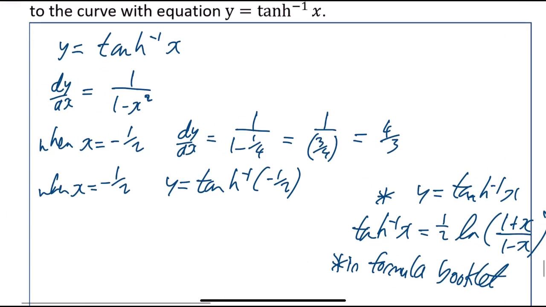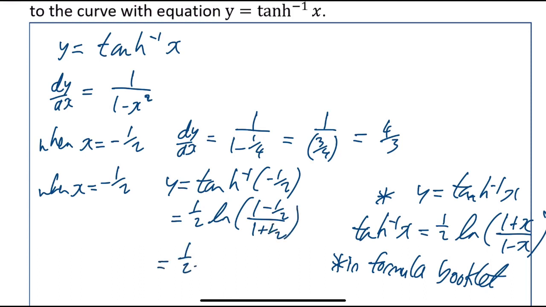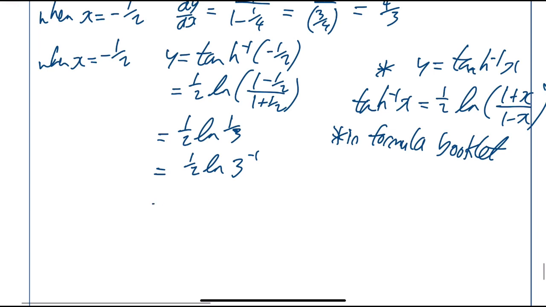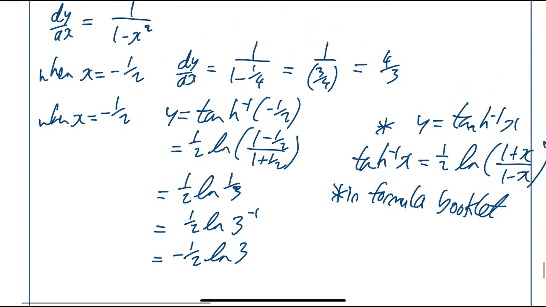Okay, and then that means you can say this thing is just going to be equal to a half times ln of 1 minus a half on the top line over 1 plus a half on the bottom line, which is going to be a half ln of a third. And again, to show my steps as I messed this up earlier on, that's going to be a half ln of 3 to the minus 1, which is the same as minus a half ln 3. So we've got our corresponding y value.